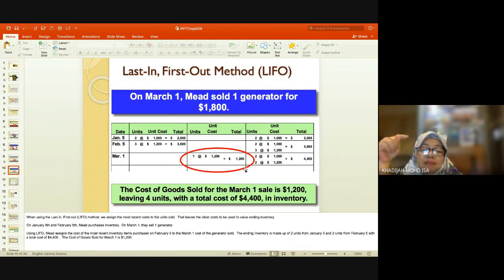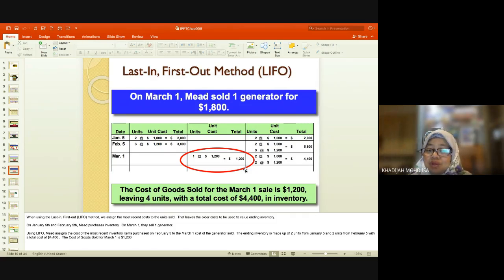So in the perpetual, you can automatically know how much your COGS from this column, total of this column. COGS column. So every transaction you have a total. So you total up everything. So you have one figure for your COGS. So under perpetual, your COGS is determined in such a way.